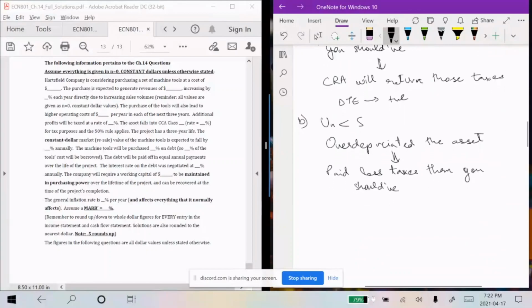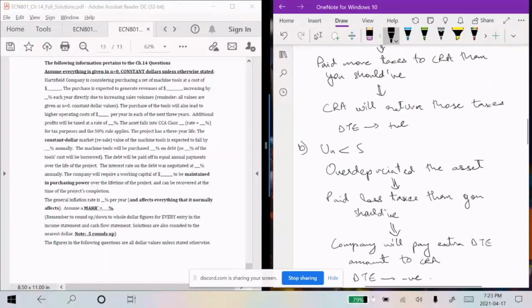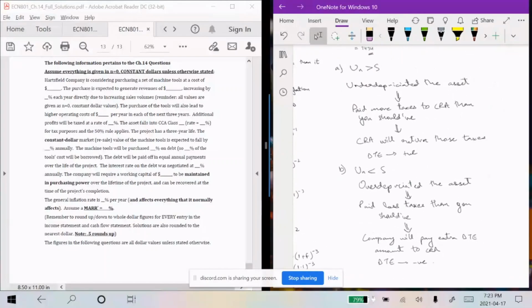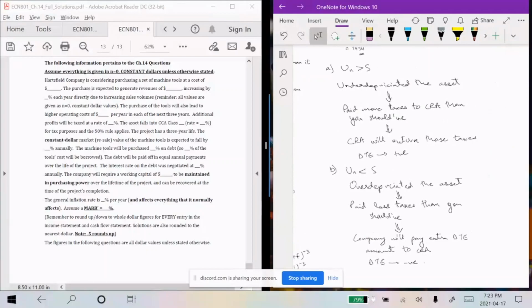So you're going to give those extra taxes to the CRA. The company will pay extra tax, an extra DTE amount, and the DTE would be negative in this case.